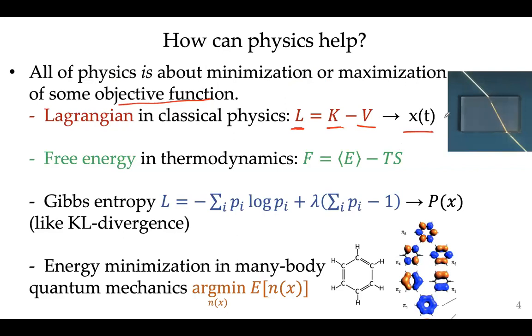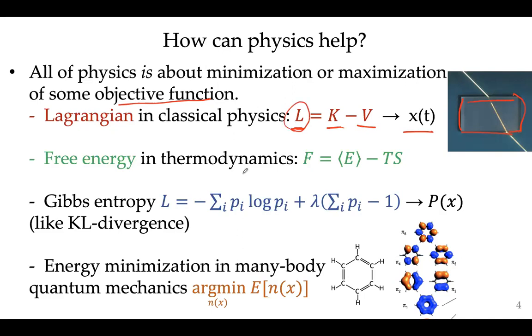For example, if you have some glass or some other material with a refractive index different from that of air, what will be the path of the light when it goes through that material? That is actually a minimization. Nature is using some minimization technique to find this path. It's basically minimizing the Lagrangian here.